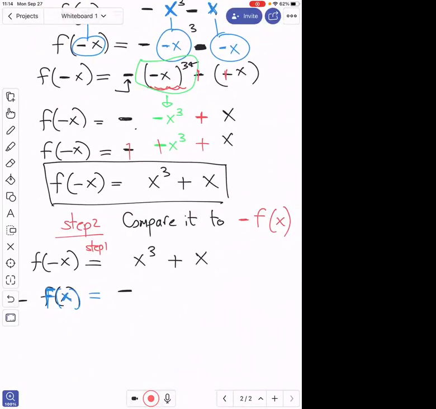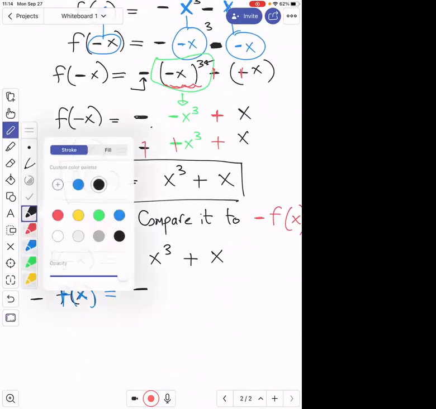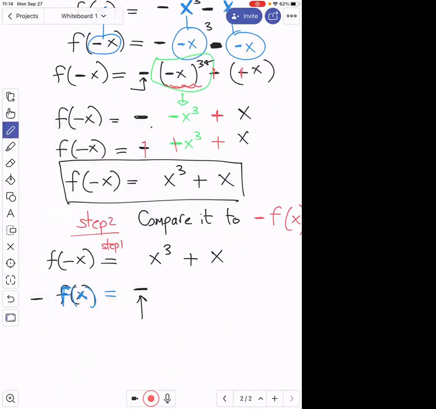So I'm gonna put my original function between parentheses because you see this minus right here? This is supposed to be applied to the whole function f, not just the first term of the expression of the function f. So we need to put the function f between parentheses.